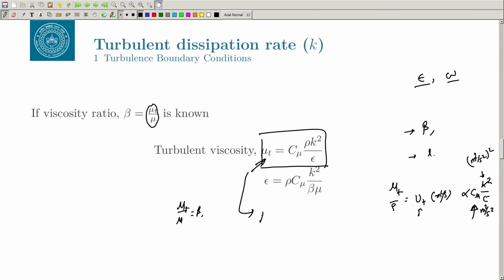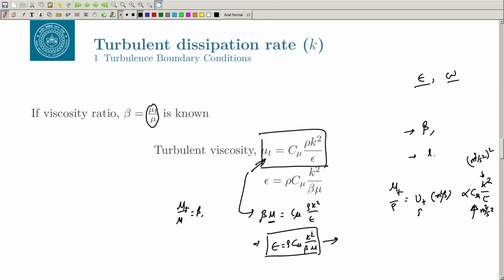So, this will become beta mu is equal to C mu into rho K square by epsilon. Then you can get the value of epsilon from this, which will be C mu rho K square by beta mu. You know the viscosity from your Sutherland's law. From that you can calculate your dissipation rate. So, this is how you calculate the dissipation rate.